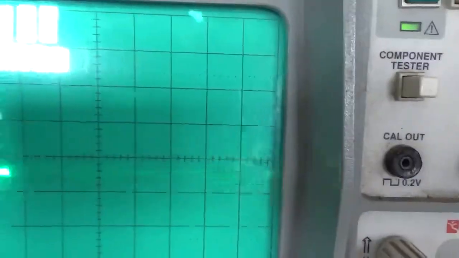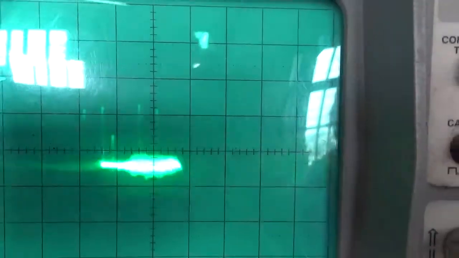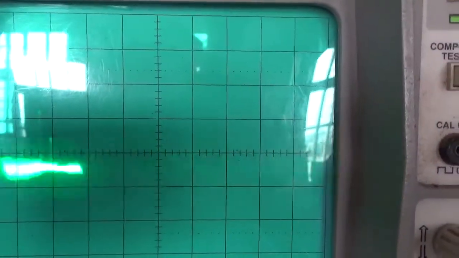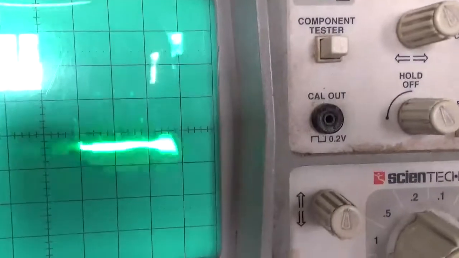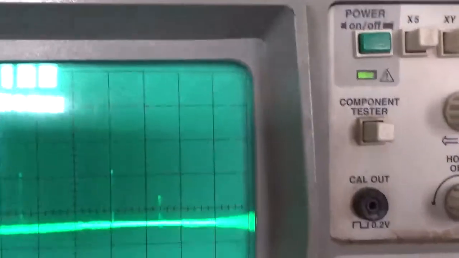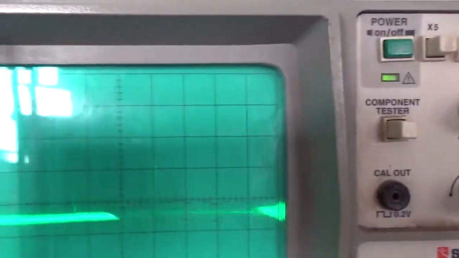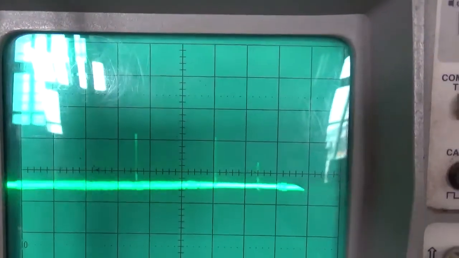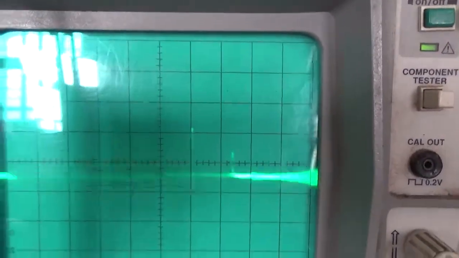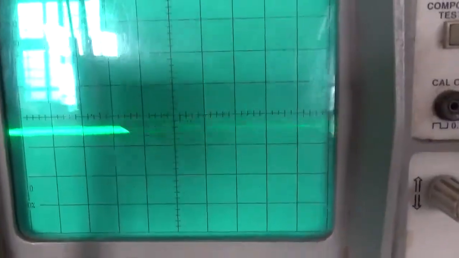I hope it's visible, like thin lines you are able to see, right? These thin lines are the firing pulses. These pulses come whenever the capacitor discharges.